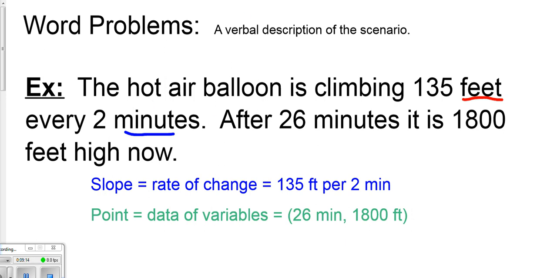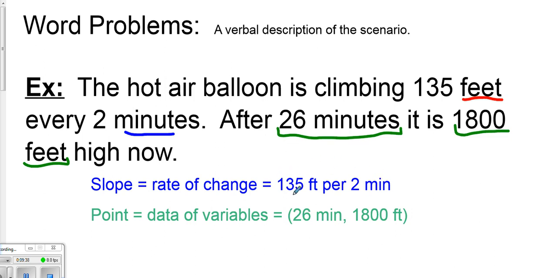Your feet, or your height, depends on how much time has gone by. Okay, they've also told you enough information. They said after 26 minutes, it is at exactly 1,800 feet. So they gave you a slope. They said, here's your rate of change, 135 feet per 2 minutes. Change in y over change in x.